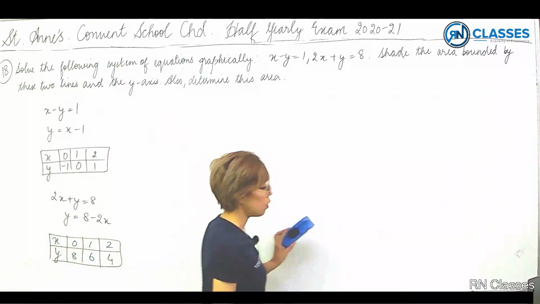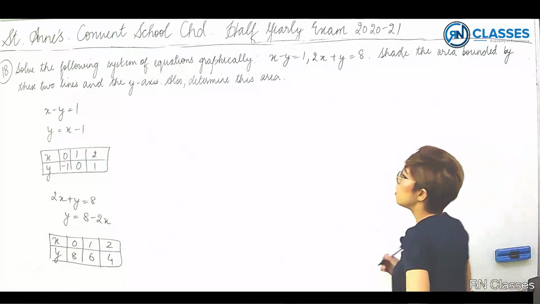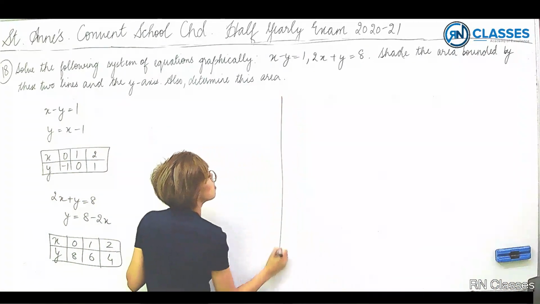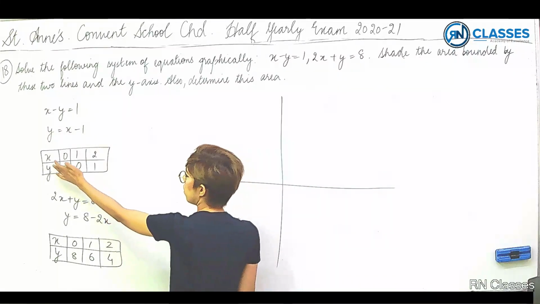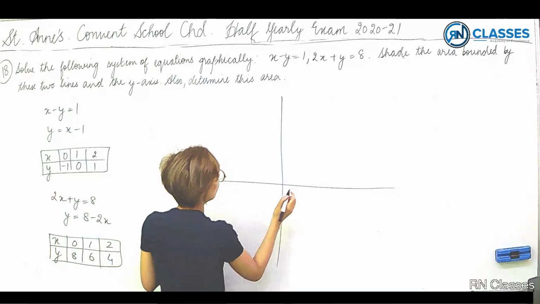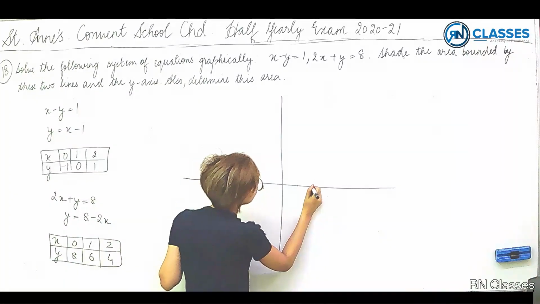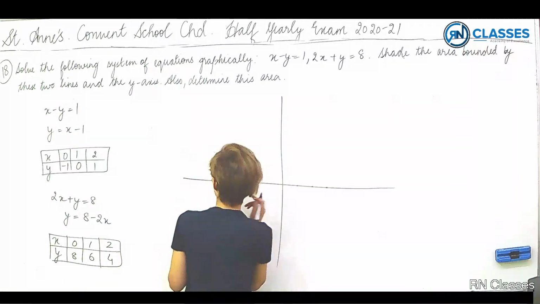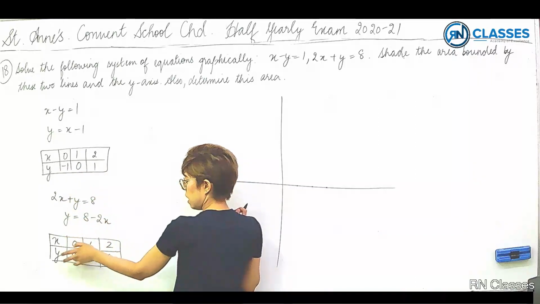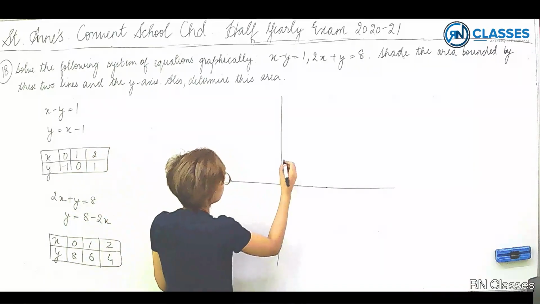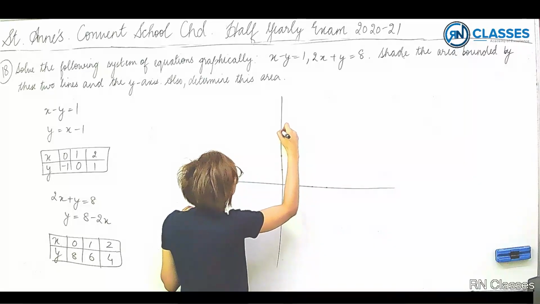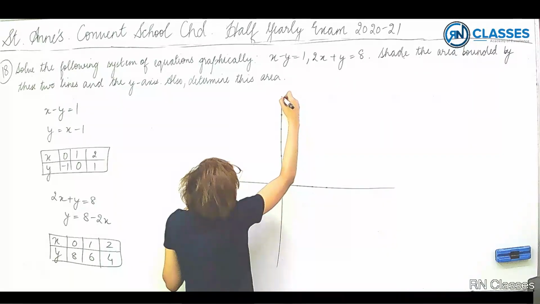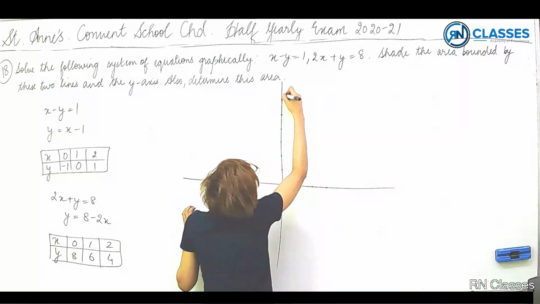Right, now let's draw the graph. So my coordinate axis. Right, now x till 2. Okay, so 1, 2, 3, right. And y till 8 and minus 1. Okay, so 1, 2, 3, 4, 5, 6.